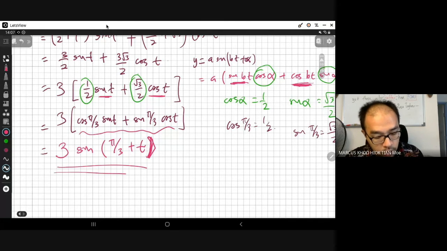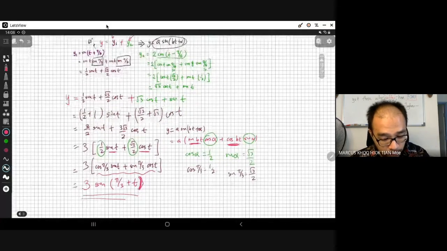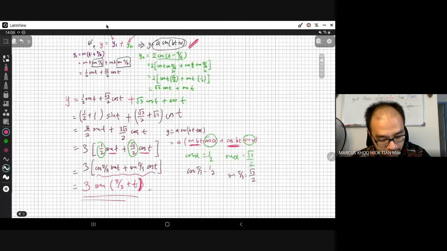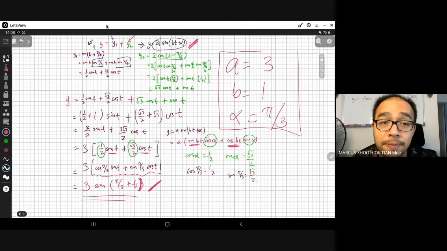When we compare this and this, we find that A equals 3, B equals 1, and alpha equals pi over 3, which is the answer that we want.